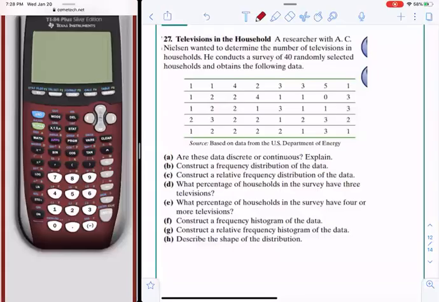The first thing that we want to know is if the data is discrete or continuous. We look at the observations that we have, there are 40 of them, and they're all whole numbers. So they are discrete, they're not continuous.